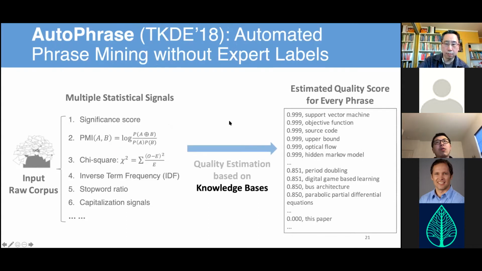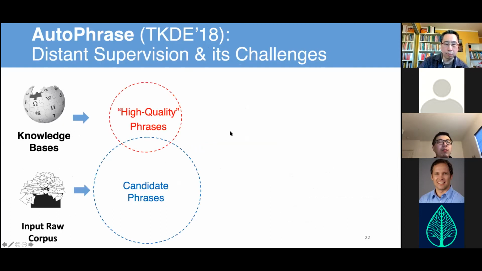So later on, we try to replace this effort with a knowledge base. We're using Wikipedia here to help figure out how we can do this classification. But how can we accomplish this classification using Wikipedia only? Let me first show you some observations. In the knowledge base, you can find that there are many high quality phrases.